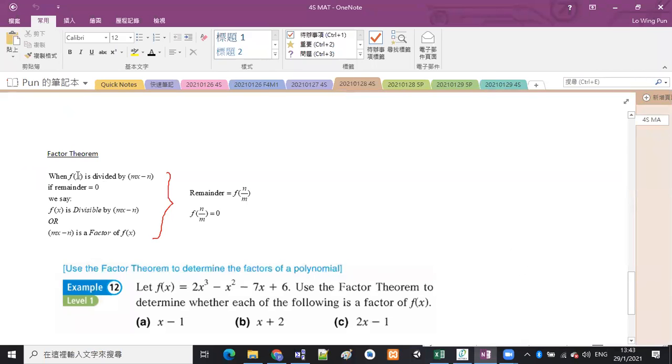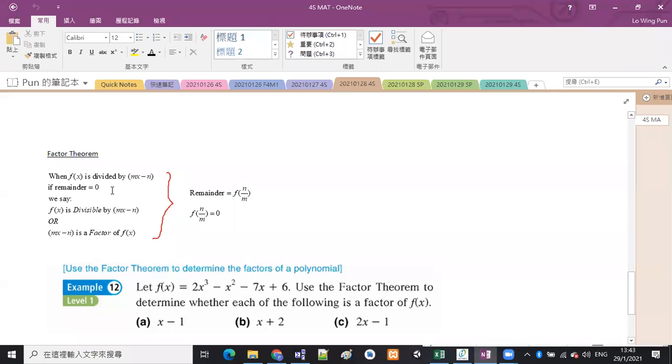Okay, so when you see the following keywords or key sentences, that is when f(x) is divided by mx minus n. If the remainder is equal to 0, then we say that f(x) is divisible by mx minus n, or reversely, mx minus n is a factor of f(x).